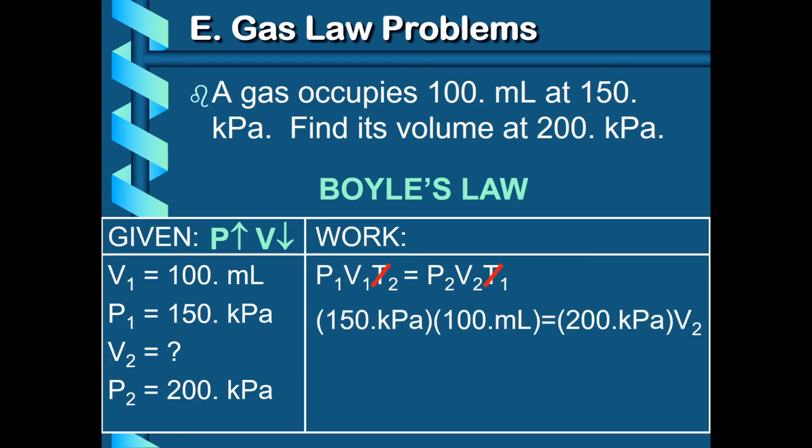They plug in numbers before doing algebra. I do algebra first. I tend to never plug in numbers until the very end. And they got 75 milliliters. Note they put 75.0 because of significant figures.